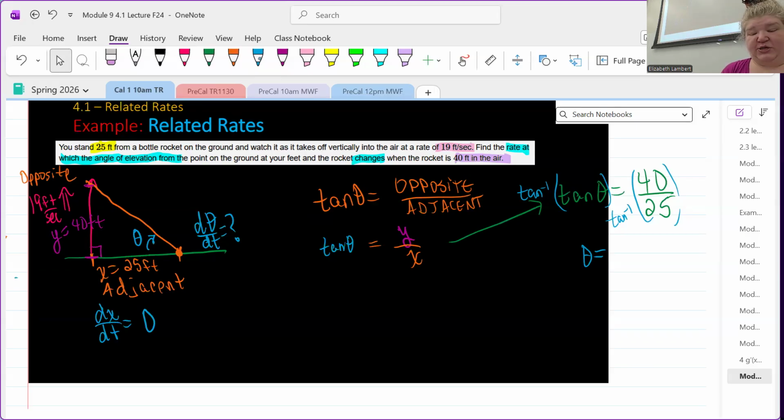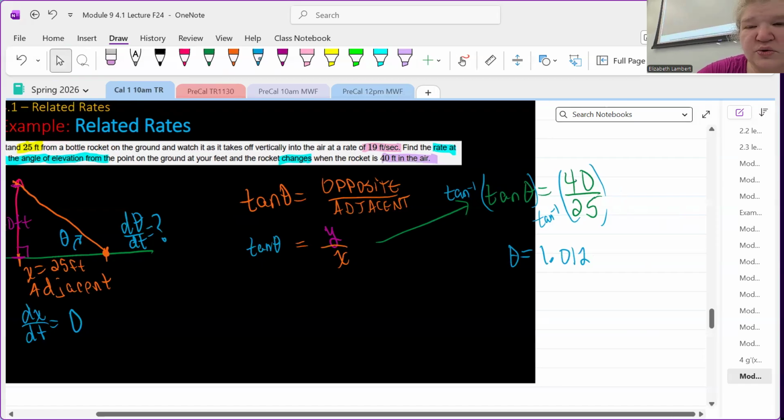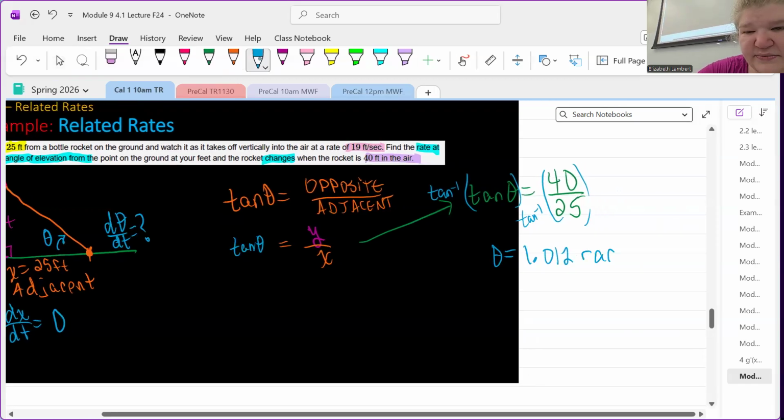So we're going to have to switch over to radian mode. And then our inverse tangent of 40 divided by 25. So we've got 1.012 radians.